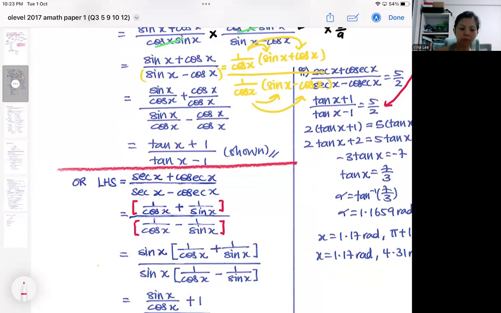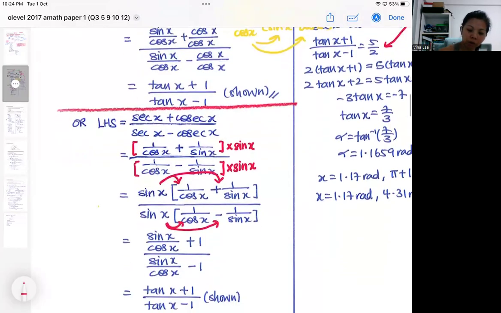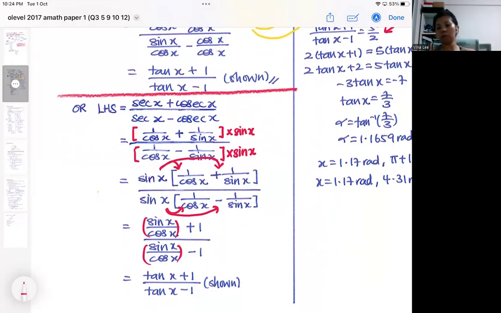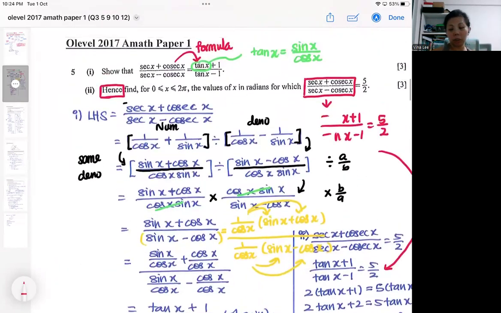Then you observe that if you choose to multiply sine x top and bottom, you will still end up with sine over cos, and that will give you the tangent x minus 1 and tangent x plus 1 as well. So this one is a bit more direct. If you prefer more step by step, you can do it the other way.